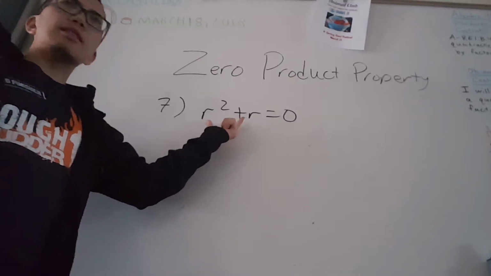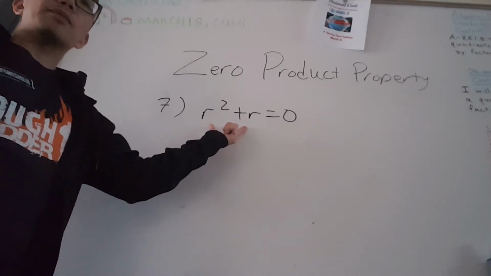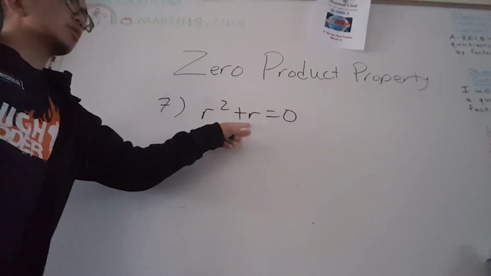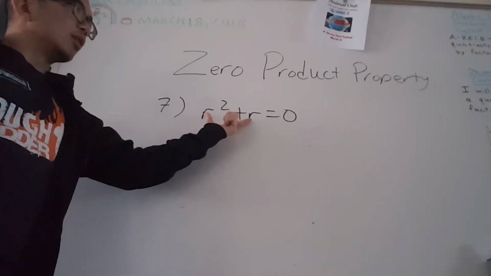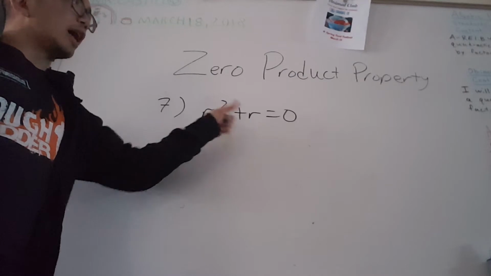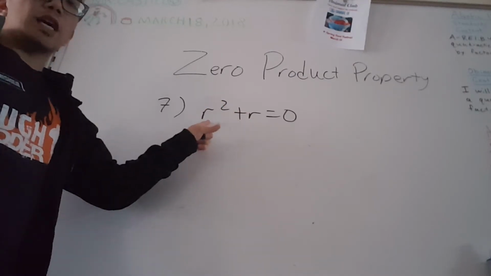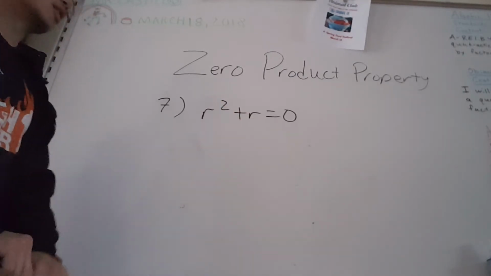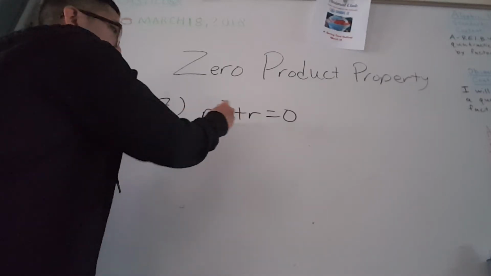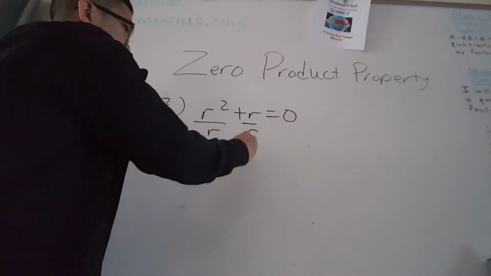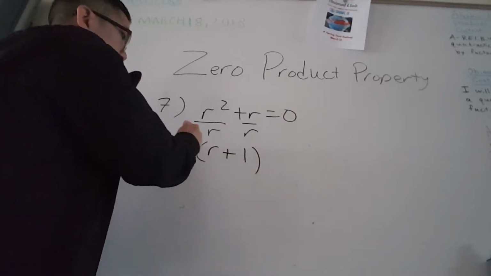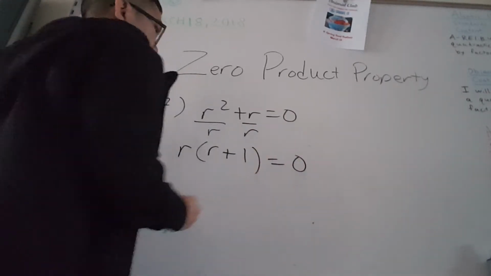But now look at this. This is not a trinomial. We have a binomial. So we can't use that what multiplies to, what adds to. But look at r squared and r. I could see that I could take out a greatest common factor between r squared and r. So my greatest common factor is r. And what I'm left with here is r plus 1. And remember, put the r on the outside. Okay?